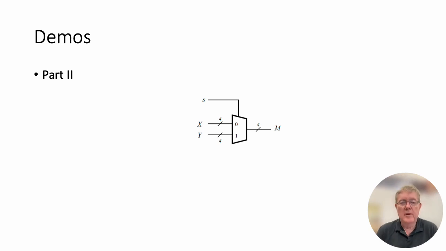In part 2 of the lab, you're expected to design a 4-bit 2-to-1 multiplexer as depicted in this illustration here.